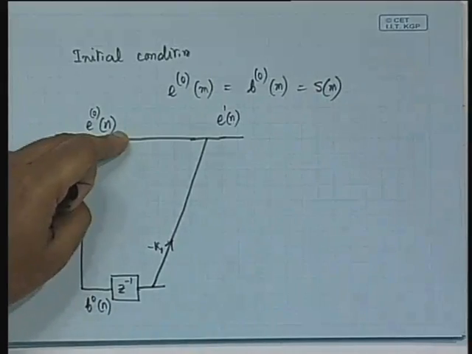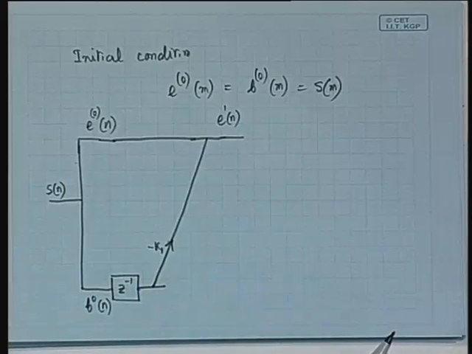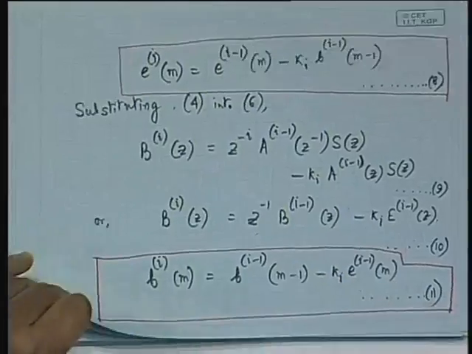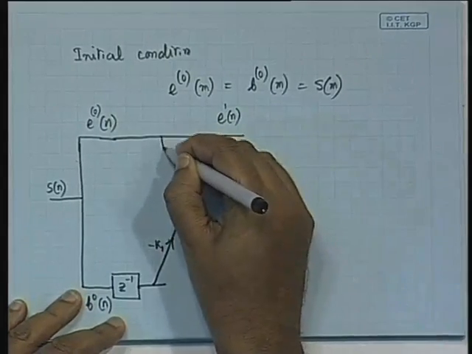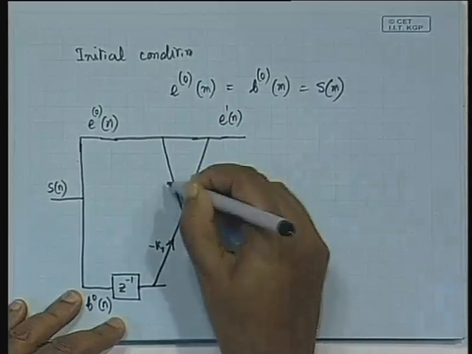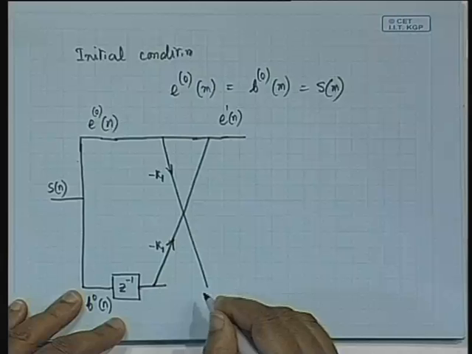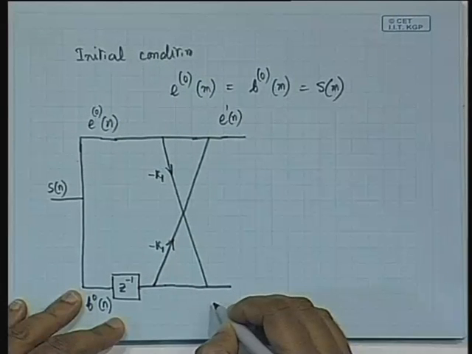Now, E0 of n we already have, so what we have to do simply is to multiply that by minus k1. So, we multiply this by minus k1, and now we get at this end, what are we going to call?